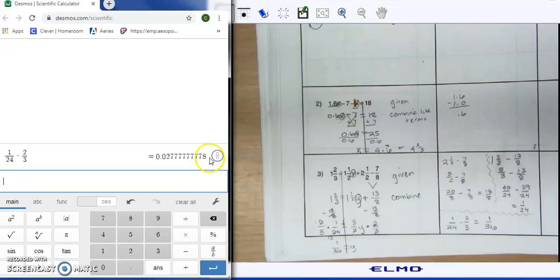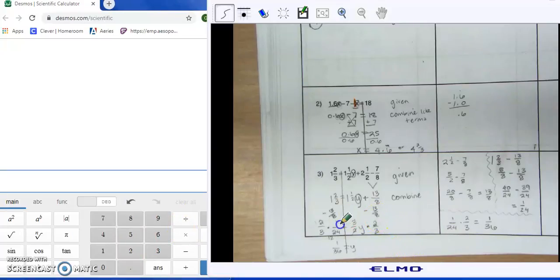So I can enter it that way, and if we change that back to a fraction, we see it's 1/36. Or I could still type in that division, but I do want you to see multiplying by the reciprocal is really the way that you get rid of fractions. I could have chosen to do the division operation on the calculator, but I want you seeing that part right there, the 3/2 y times 2/3.